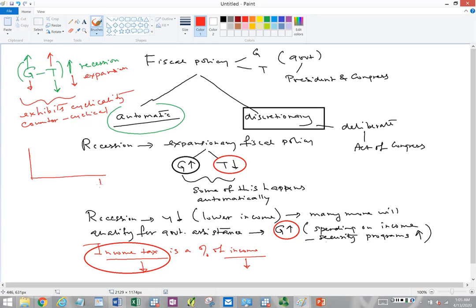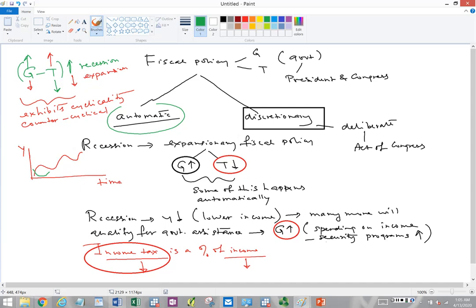If you have time on this axis and real GDP on that axis, the business cycle is these ups and downs, correct? So what I'm saying here is that the cyclical part of the budget deficit is counter-cyclical, meaning when GDP is going up, that would go down. You follow me? So we can have a graph that's completely opposite of the business cycle, and that would be the graph for the budget deficit, or the cyclical part of the budget deficit.